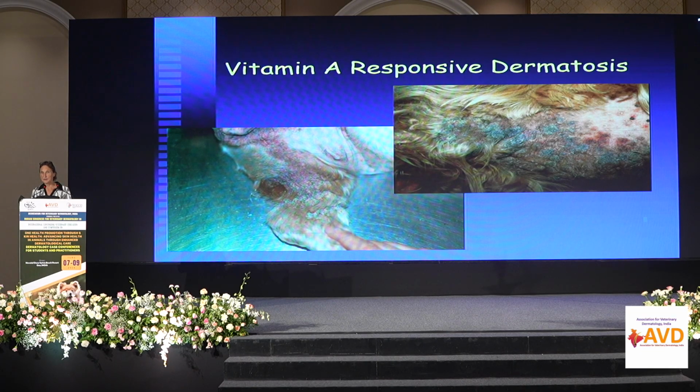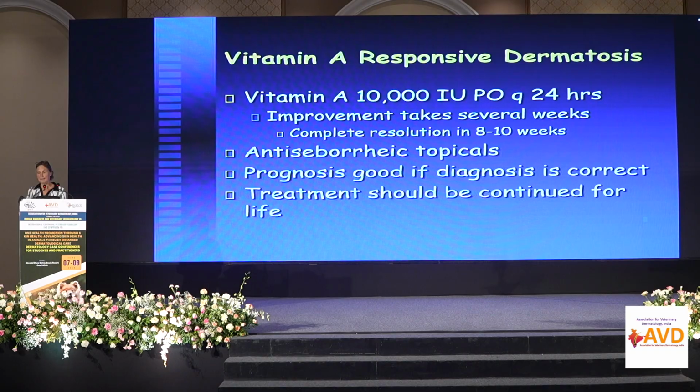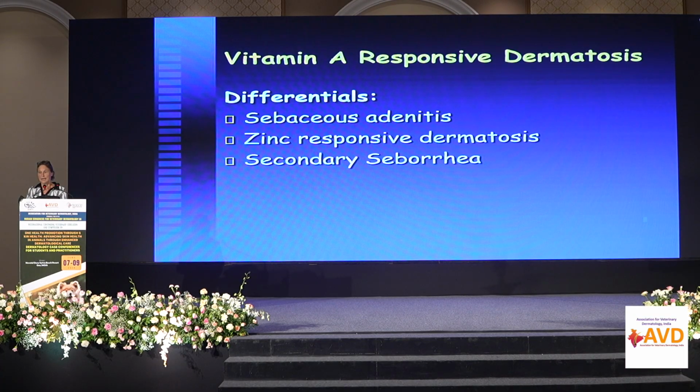But again, it's very important that you don't start prescribing this in every crusty Cocker Spaniel. Most of them are actually secondarily infected, and so they need to be treated appropriately. If you do want to prescribe it, this is the dose, 10,000 international units, and see if that helps. And again, lots of topical therapy to minimize the development of secondary infections.